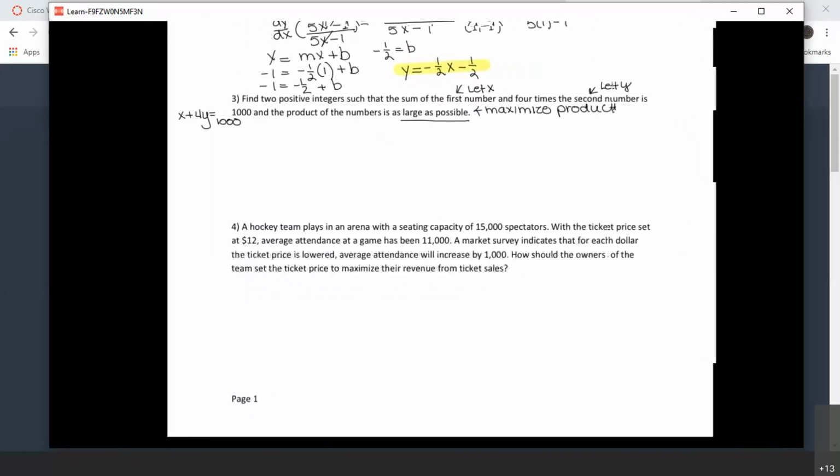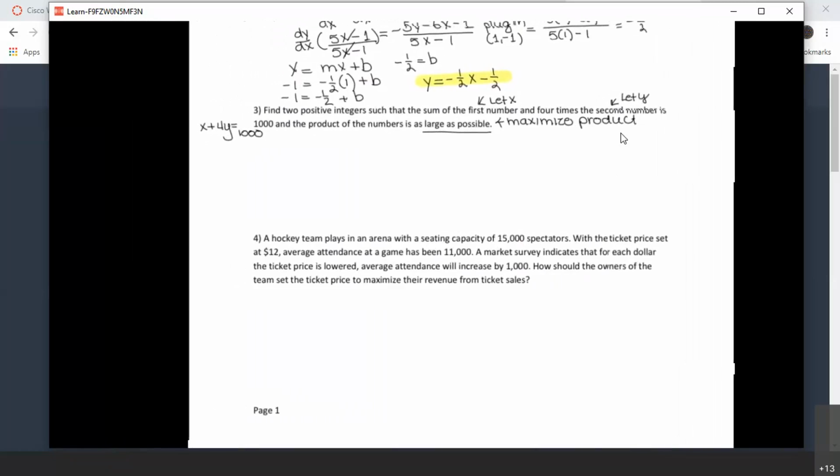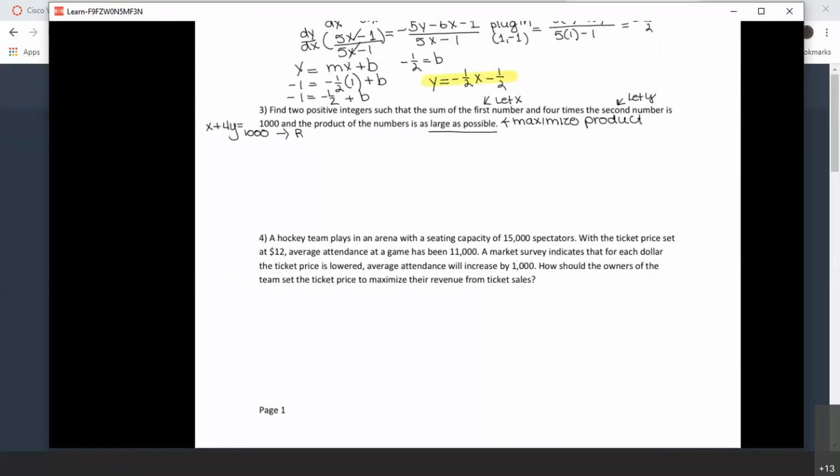That's a constraint. Now remember how you do these application problems with calculus. You only know how to differentiate with respect to one variable, right? It's going to either be x or it's going to be t. This problem has x's and y's in it. So what you need to do is to rewrite this, to solve for y in terms of x.